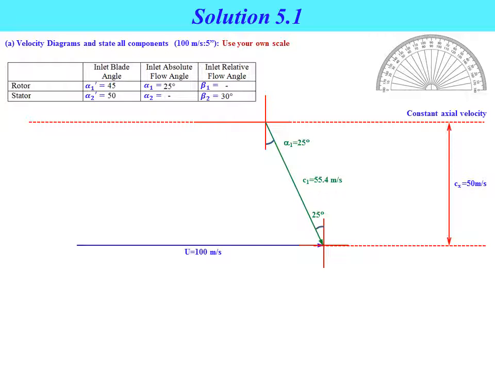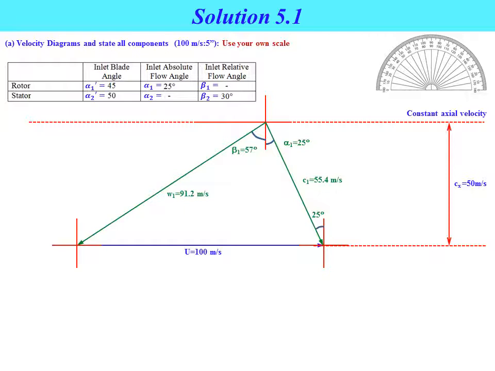Measuring the line, we get C1 equal to 55.4 meters per second. Then complete the vector triangle to obtain the line for vector W1. Measuring W1 with the ruler, W1 equals 91.2 meters per second, and measuring the angle with the protractor, beta 1 equals 57 degrees.